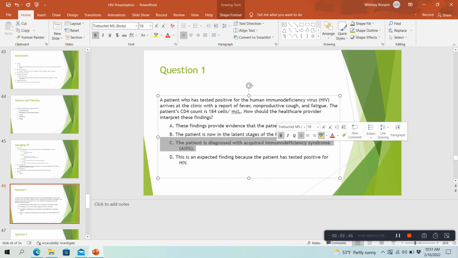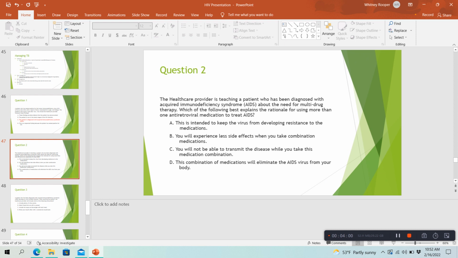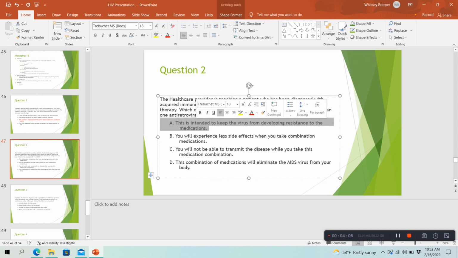You need to know those levels in order to understand which stage they're in. Why are multiple drugs needed instead of just one? Yes, for resistance.